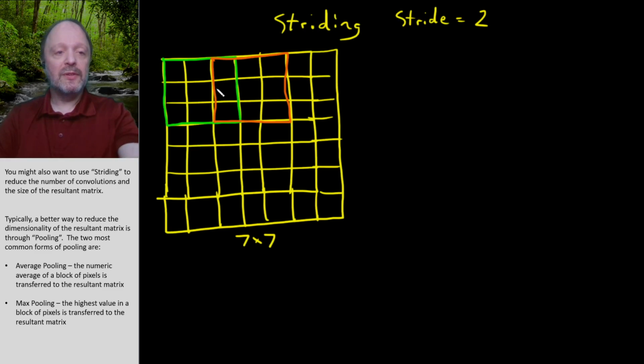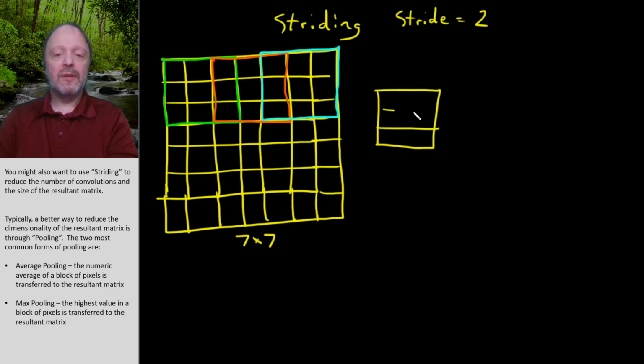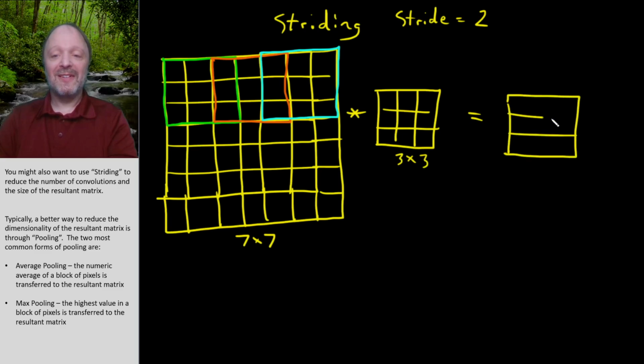And then the next one is located right here. This is assuming we have a 3x3 filter, because that's what we're overlaying on top. What's the resultant matrix look like? What are its dimensions? We're striding 2. Yeah, it winds up as a 3x3.